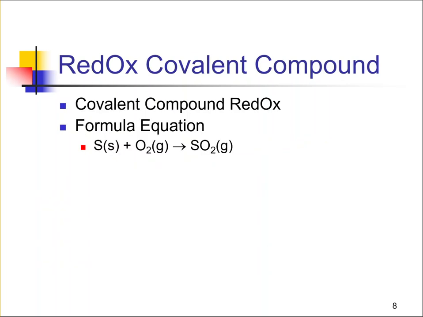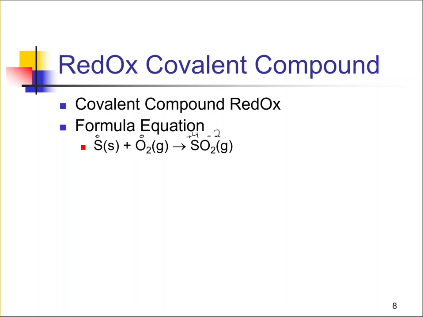Now let's look at another example here. This is looking at a covalent compound. Sulfur plus oxygen gives us SO2, which is a covalent compound. To see, first of all, if it is a redox reaction or not, we have to assign oxidation numbers. The oxidation number of sulfur is 0, oxygen is 0; in the product, oxygen is -2 and sulfur is +4.